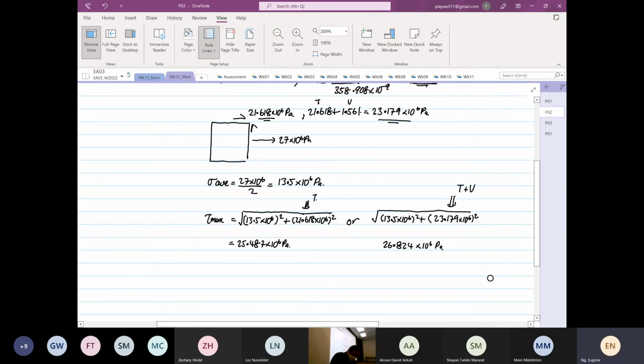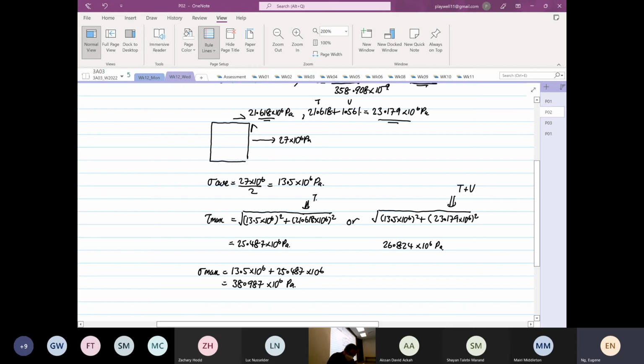So now when we calculate the max stress, it is equal to 13.5 times 10 to the power 6 plus 25.487 times 10 to the power 6. So 13.5 plus 25.487 is equal to 38.987 times 10 to the power 6 Pascal.